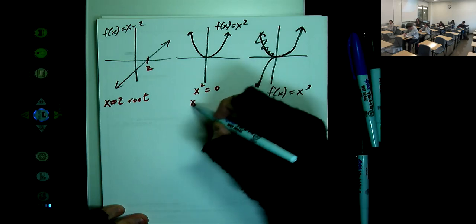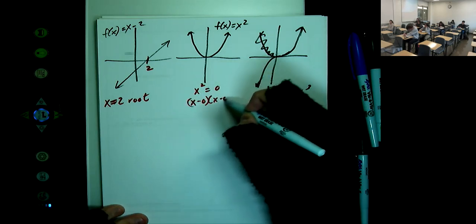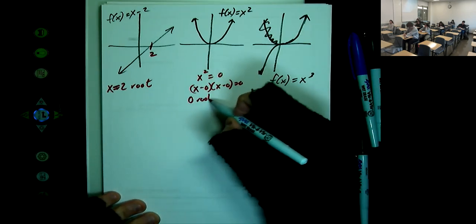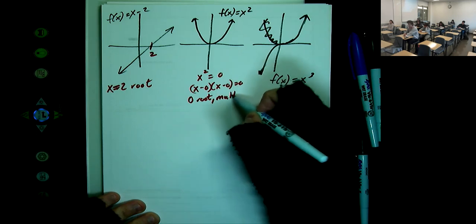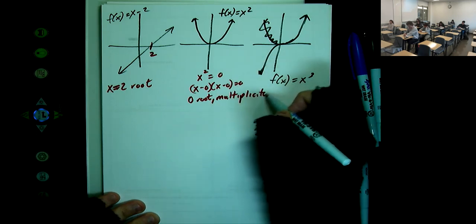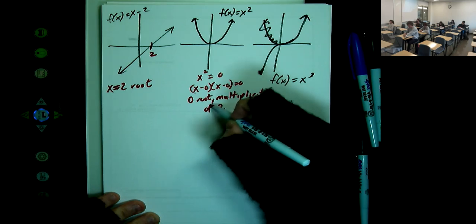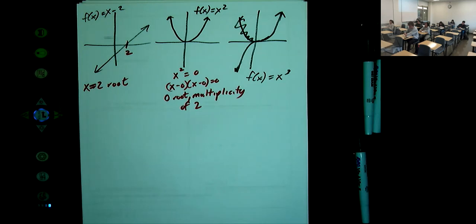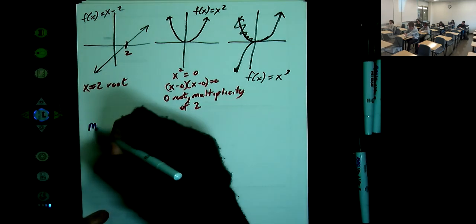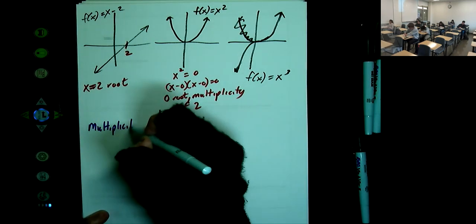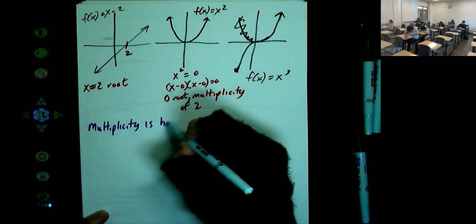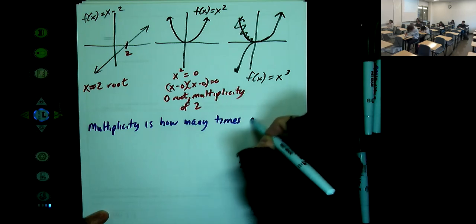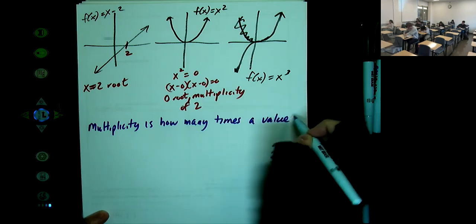This is like x minus 0 times x minus 0. I have 0 as my root with multiplicity of 2. So multiplicity is how many times a value shows up as a root.